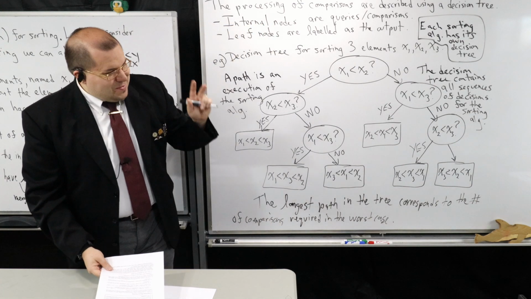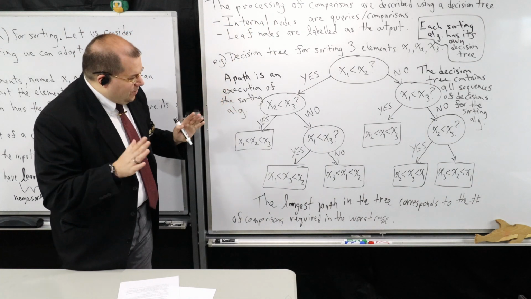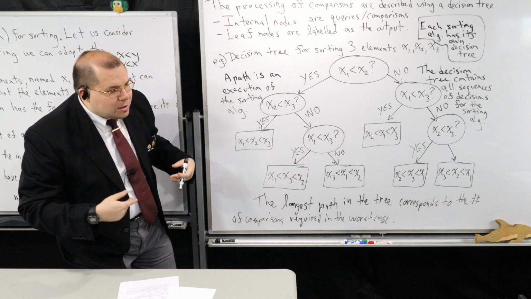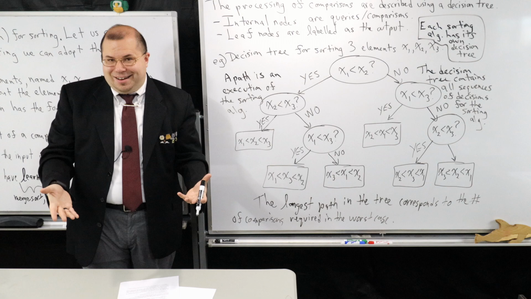So like I said, everybody seemed to get the idea that if I find the longest path in this tree, that'll tell me how long it can take in the worst case.